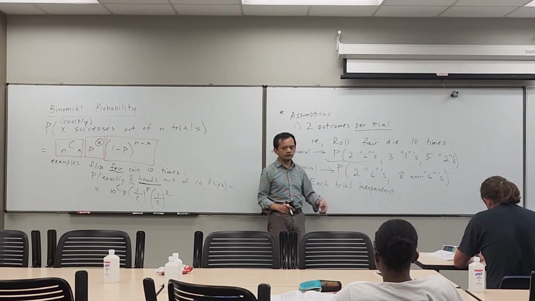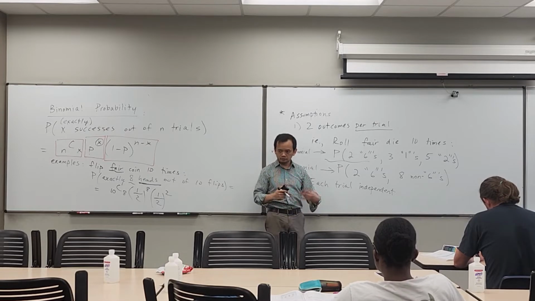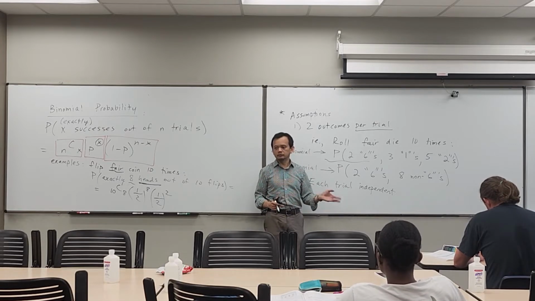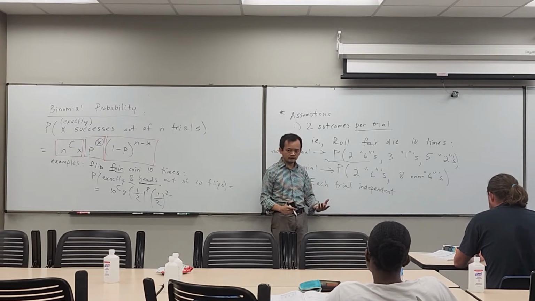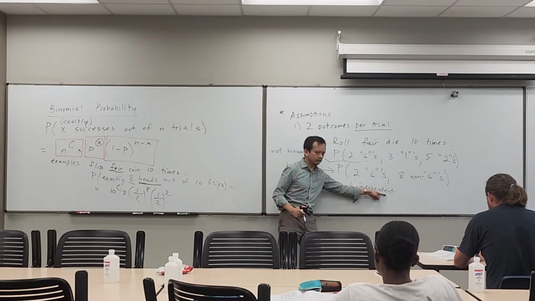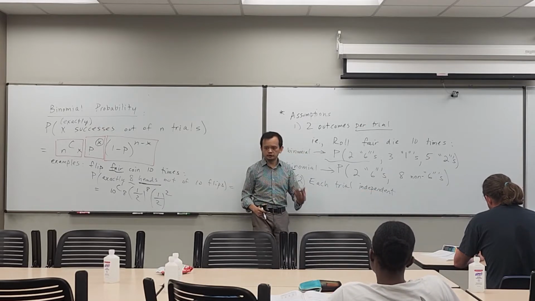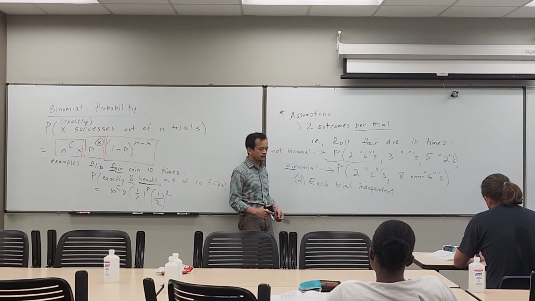So then the question is, if you were to roll a 6 one time, later on, what's the probability of rolling another 6? Is it still 1 out of 6? If it is still the same, 1 out of 6, then we say the trials are independent, because we're able to use the same probability of success over and over again.